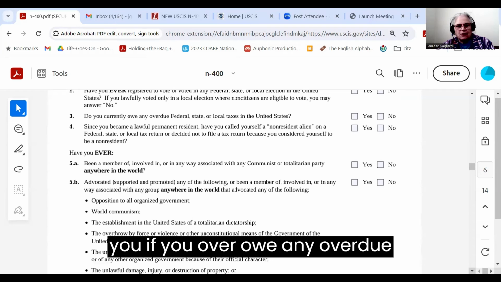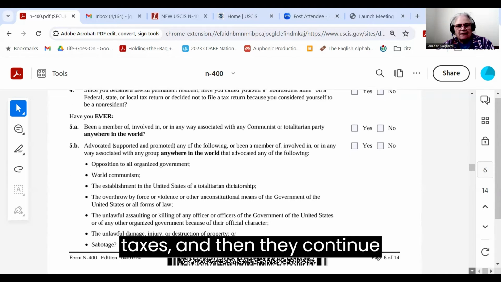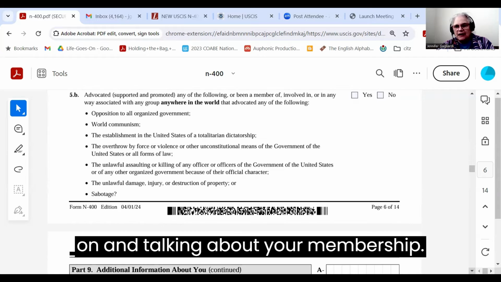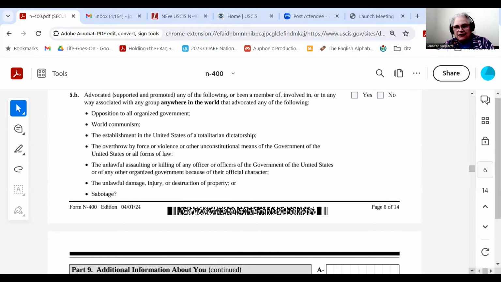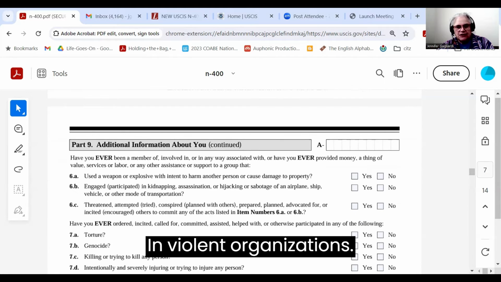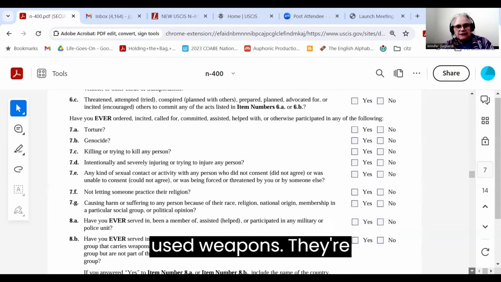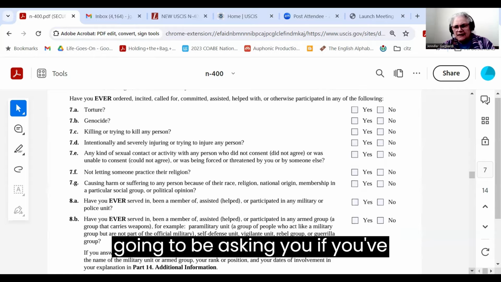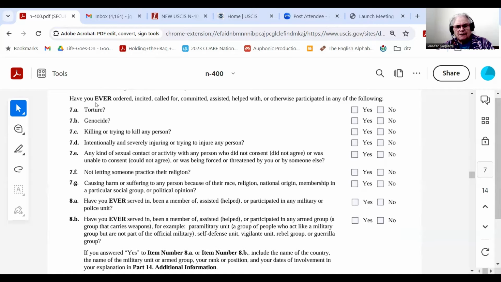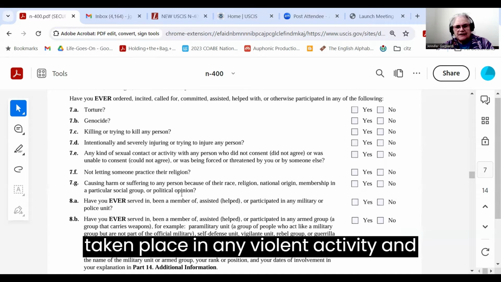They ask you if you owe any overdue taxes. And then they continue on talking about your membership in violent organizations. They're going to be asking you if you've used weapons. They're going to be asking you if you've taken part in any violent activity.